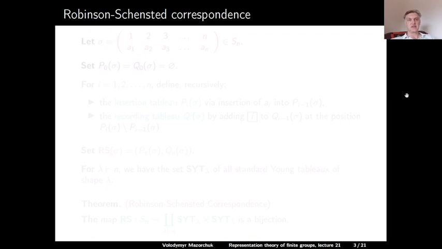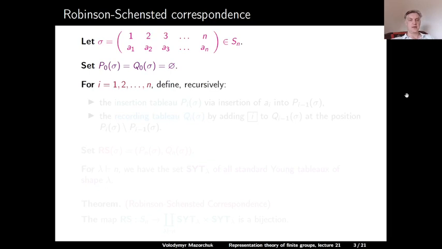So using this insertion algorithm, we can define the so-called Robinson-Schensted correspondence. Let sigma be an element in Sn which sends 1 to a1, 2 to a2, and so on. Define the tableaus P0 of sigma and Q0 of sigma as the empty tableaus. For each i from 1 to n, we define recursively the insertion tableau Pi of sigma as the tableau which we obtain from Pi minus 1 of sigma by inserting the number ai.